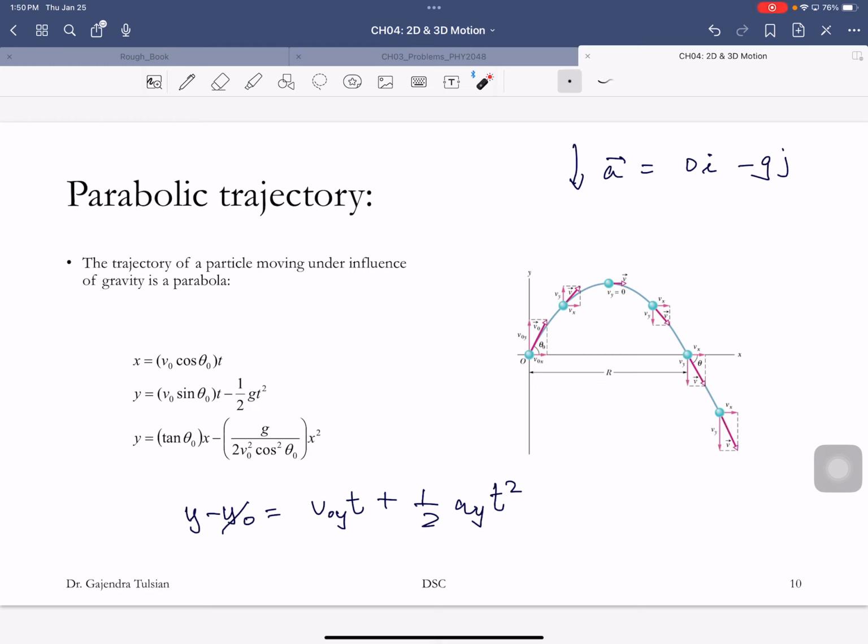Again, this is 0. You start at the origin. Y equals v naught y, which is v naught sine theta naught, times t, and ay is minus g. And so there is that guy.